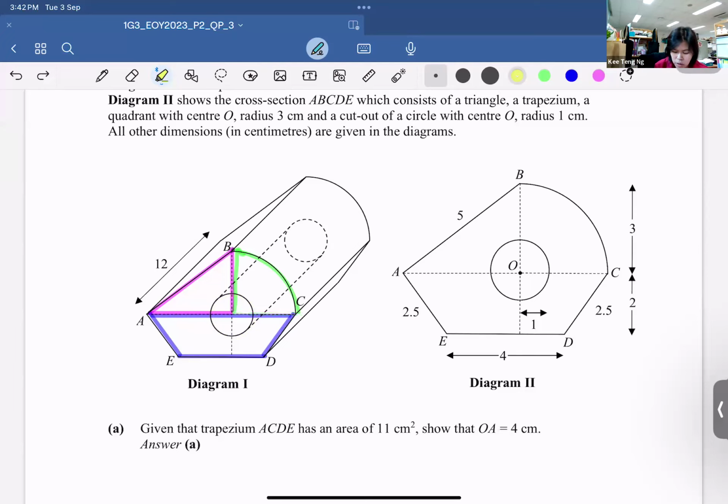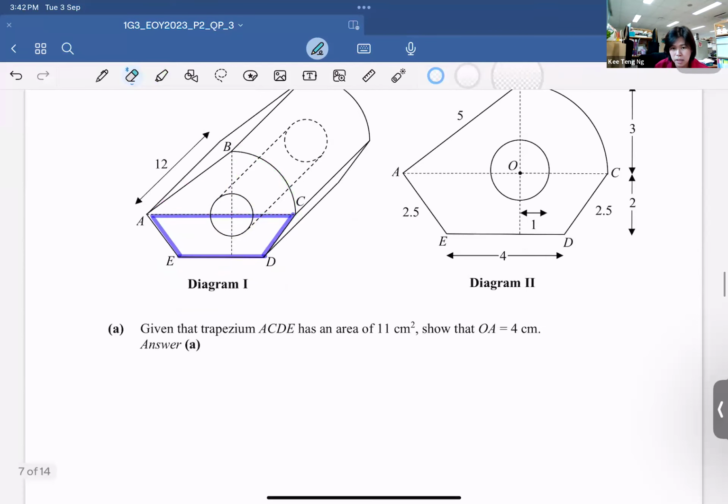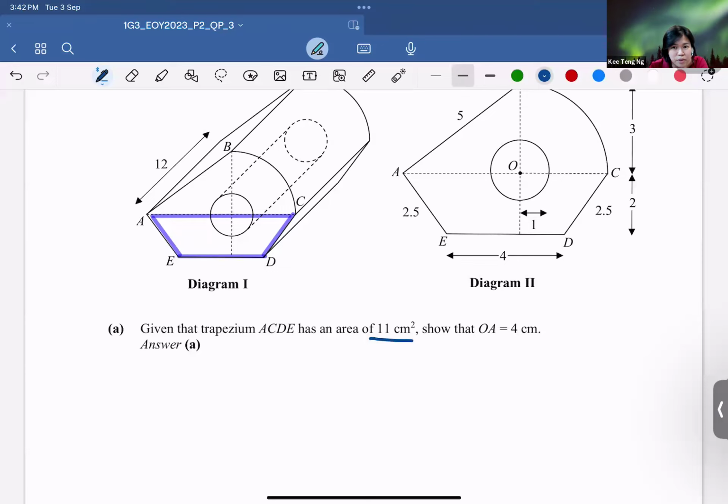Given the area of the trapezium, I'm only going to look at the trapezium first. They say that it has an area of 11 square. Can anyone remember what the formula for the area of a trapezium is?